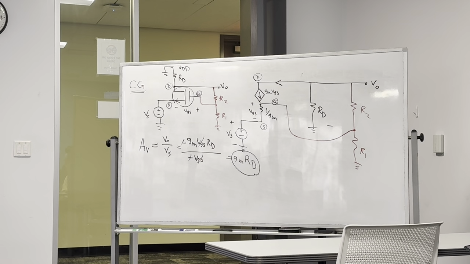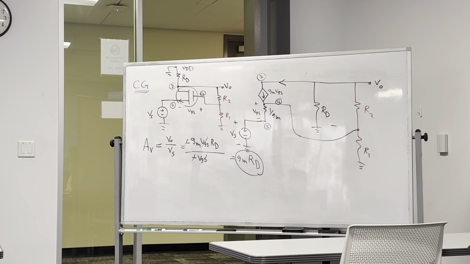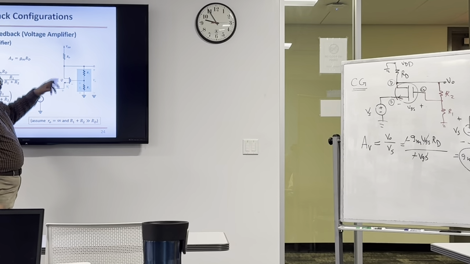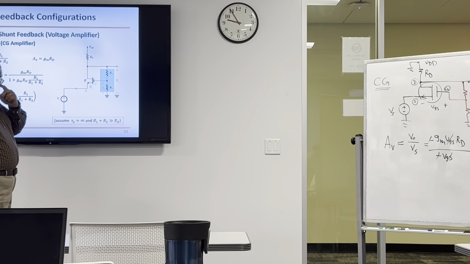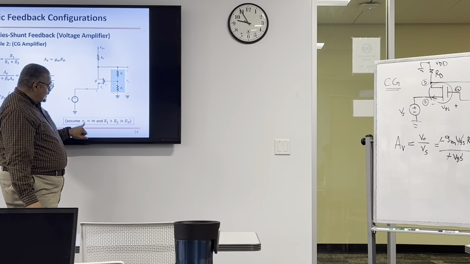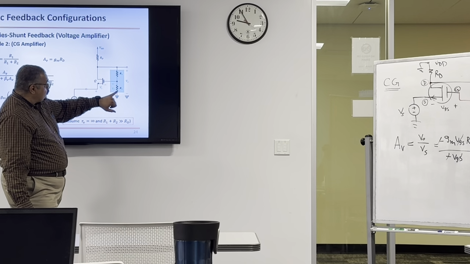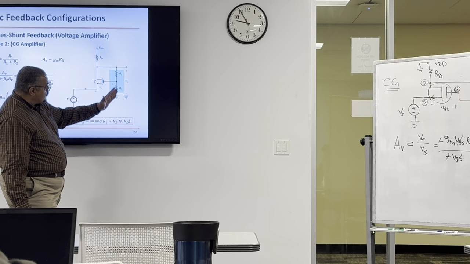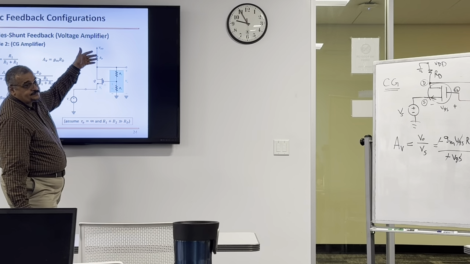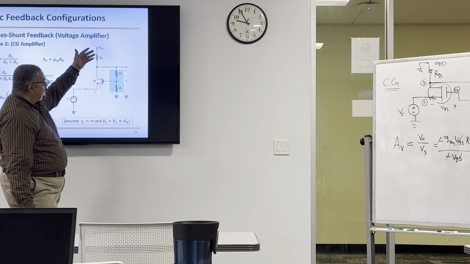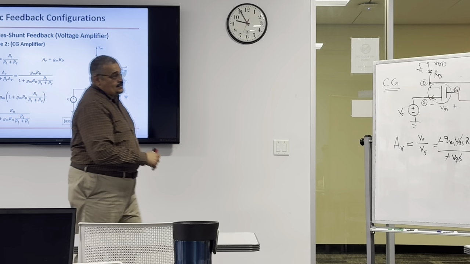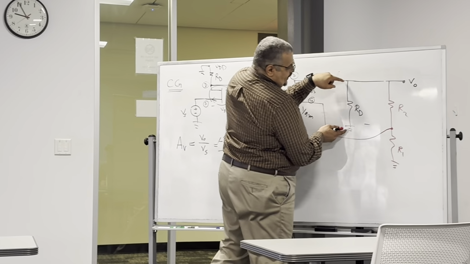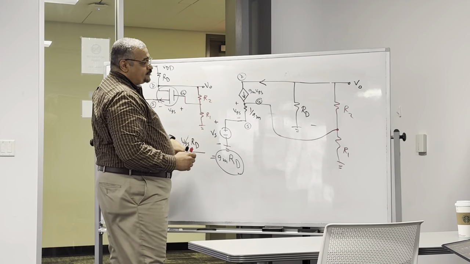Of course, if you add RO, which we didn't add in the first case, which is connected here, this is going to make it more complicated, right? So we assume RO is infinity, and we assume R1 and R2 do not load, or the series connection of R1 and R2 does not load RD. R1 and R2 in series are in parallel with RD, right?